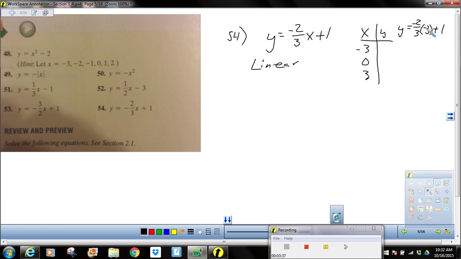-2 times -3 is +6, divided by 3 is 2, plus 1 is 3. -2/3 times 0 will be 0, plus 1 is 1.